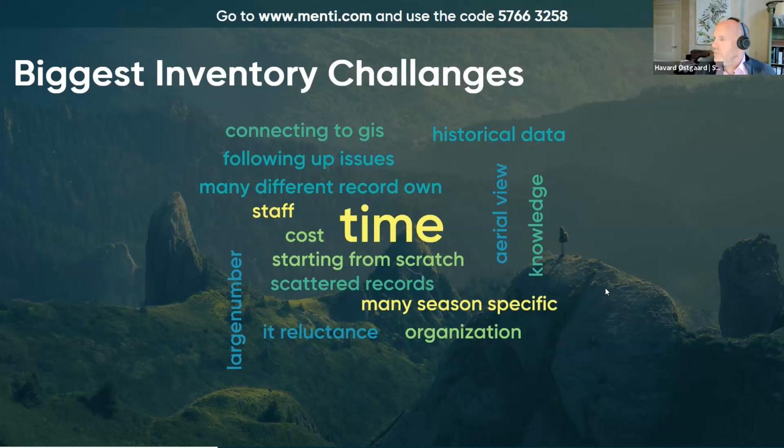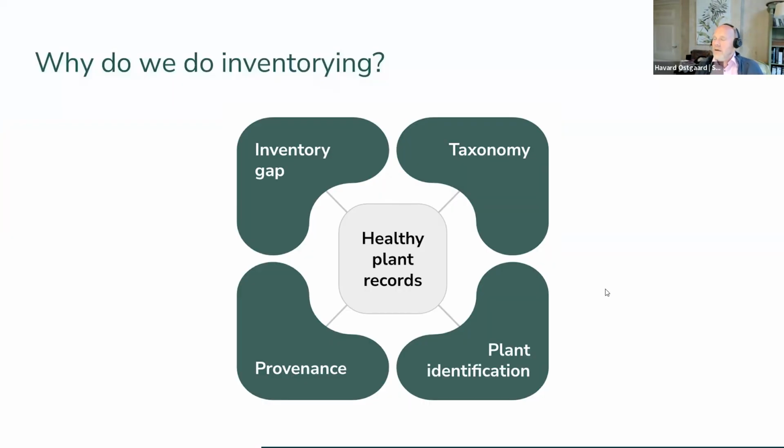So we drew this diagram this morning because we're trying to figure out how to express the importance of inventory. The way we see it, there are four corners of what you could describe as healthy plant records. We came up with the term inventory gap.